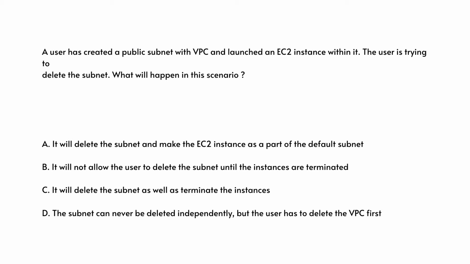Option A. It will delete the subnet and make the EC2 instance a part of the default subnet. Option B. It will not allow the user to delete the subnet until the instances are terminated.